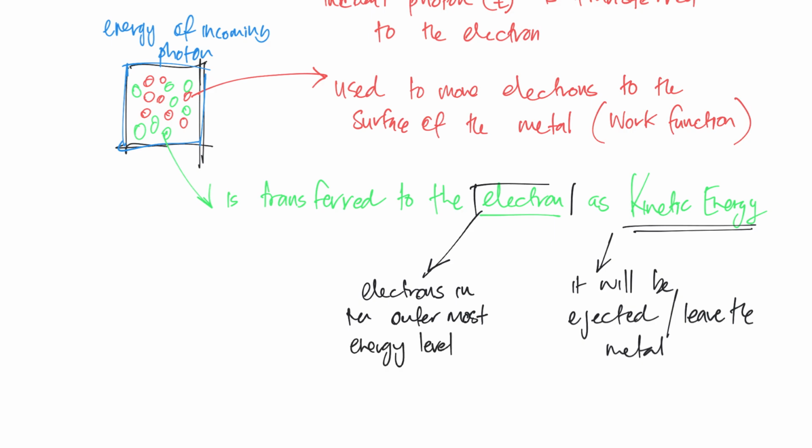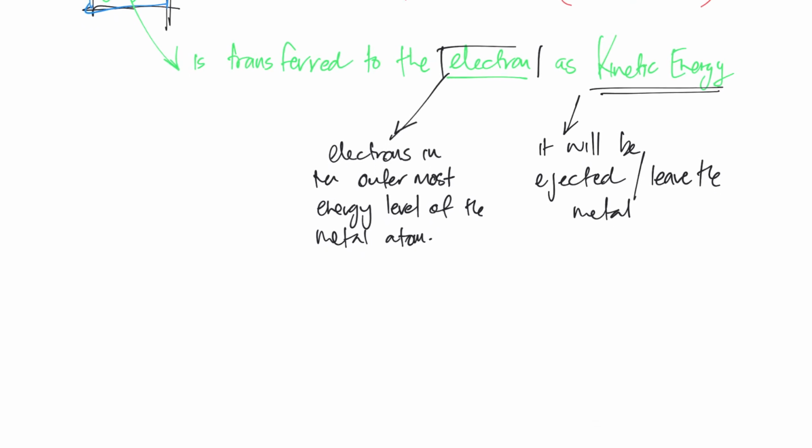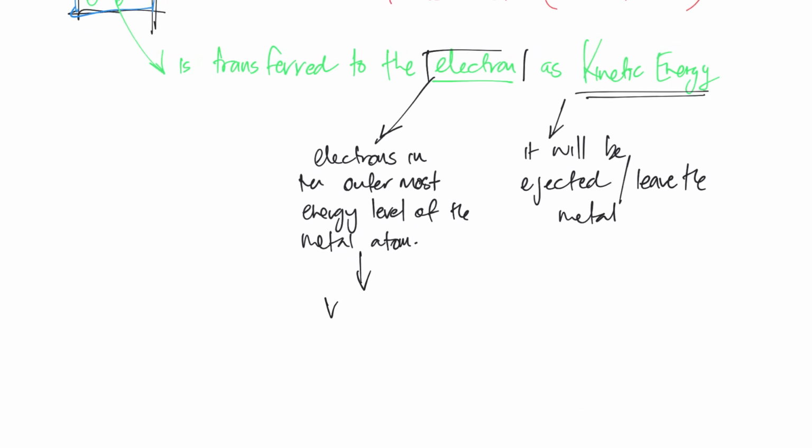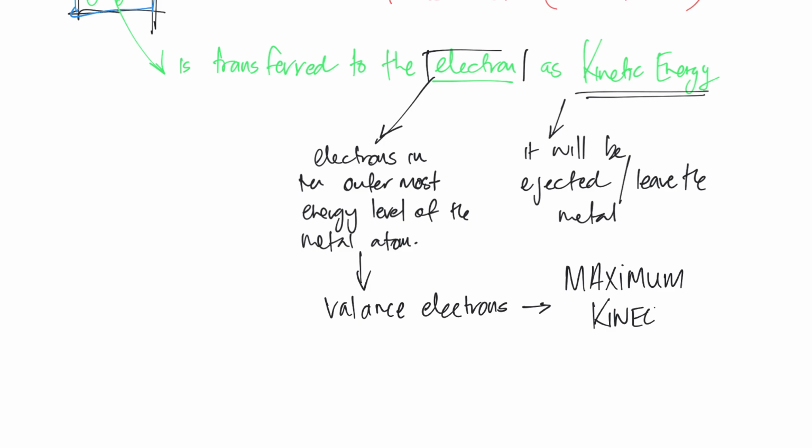From Bohr diagrams, that idea of the metal atom, right? These electrons are called the valence electrons. And these valence electrons will have maximum kinetic energy. Right.